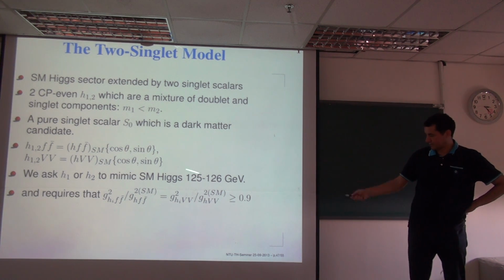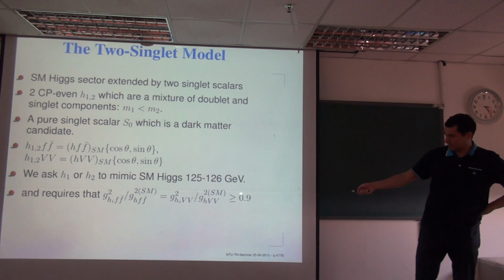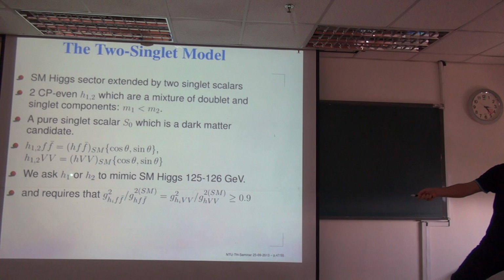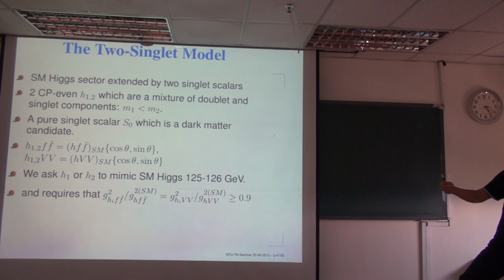So we require those two quantities to be larger than 0.9. That means when you identify your H1 to be the standard model Higgs, H1 is dominated by the doublet, and H2 is going to be pure singlet. Because if you ask that the mixing factor is larger than 0.9, this Higgs field is dominated by the doublet, and the other one will be a pure singlet, or to some extent, at 10%, singlet field.